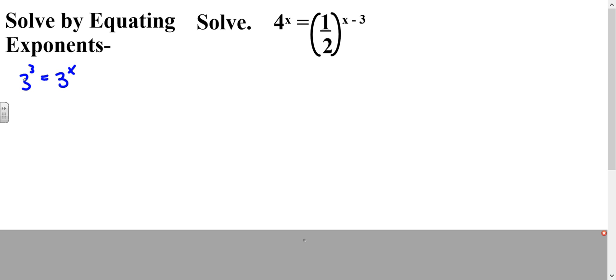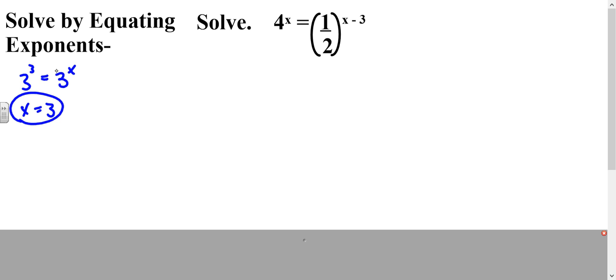Well, because my bases are the same, I know what x equals in this scenario. This means that x equals 3 because my bases are the same, so 3 to the 3rd power has to equal 3 to the 3rd power, so x has to be 3.